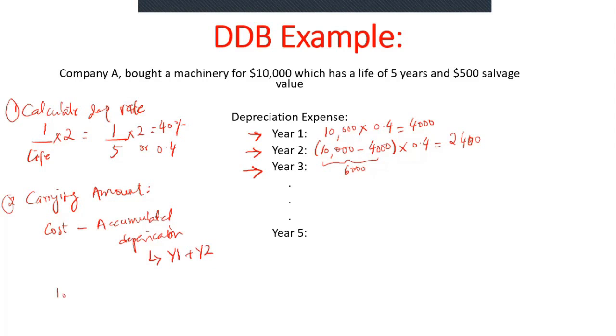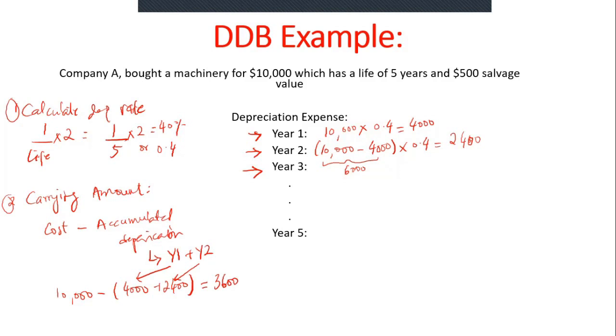So cost was 10,000 minus the accumulated depreciation, which would be 4,000 plus 2,400, this is year 1, this is year 2, and then we would have a carrying amount of 3,600.